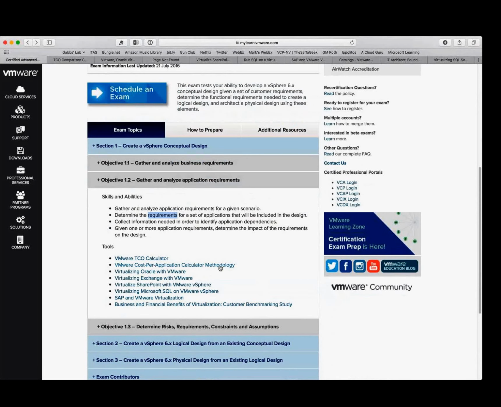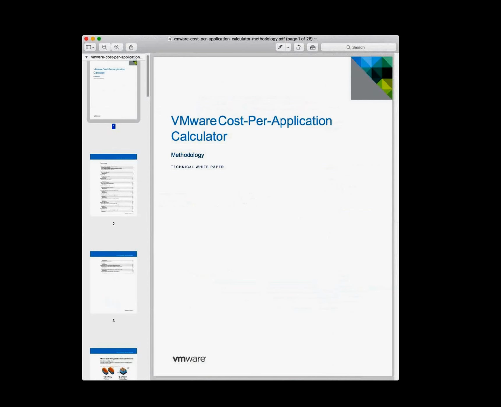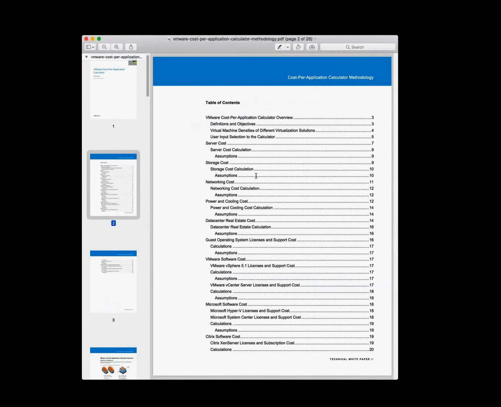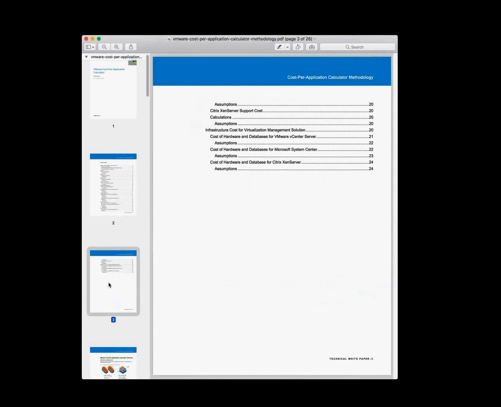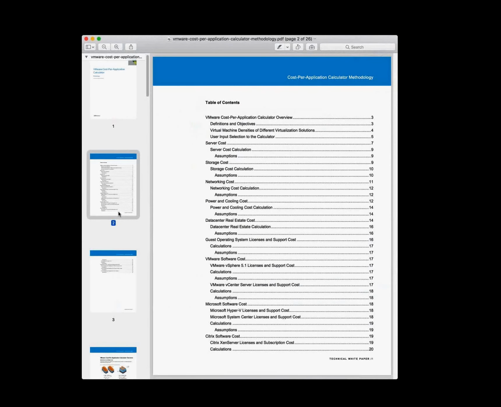Then the cost per application, and the last one, which is business and financial benefits. I want to start with those because they're just the PDFs I've got downloaded. While it may not seem like a completely relevant link, if you start going through these white papers, you'll see the things an architect might think about when designing any vSphere environment, data center solution, or hybrid cloud solution, maybe completely native in AWS.